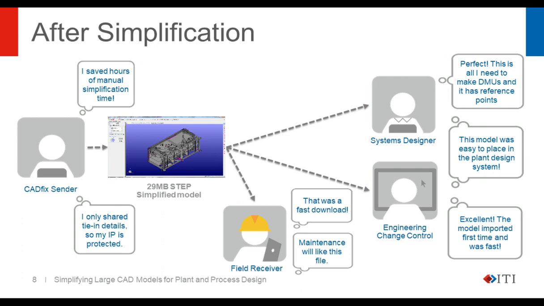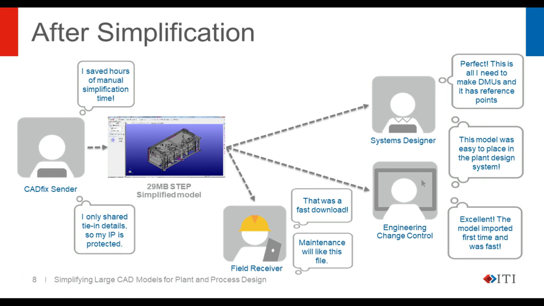But the machine developer, the developer of the equipment, is happy because he's saved hours of manual simplification time. He's also happy because he's only shared key tie-in details and his IP is now protected. The system designer's happy, perfect. The model now contains all he needs for his digital mock-up and it has the key reference and tie-in points.